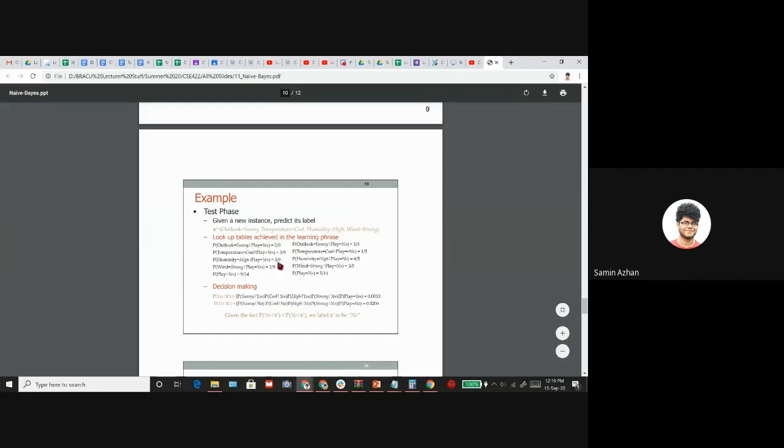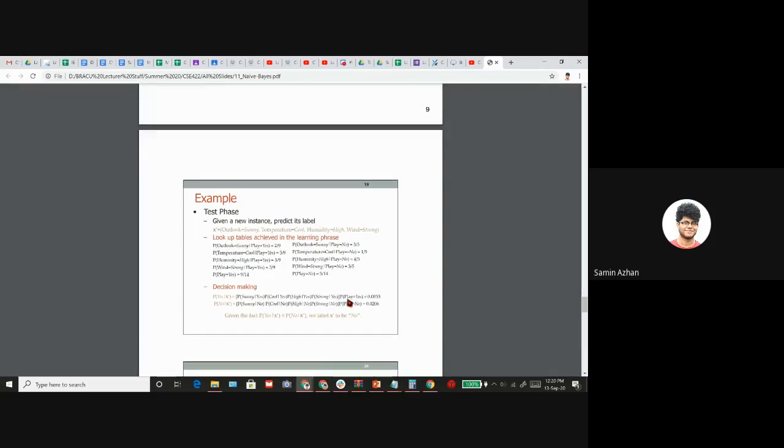So all these values, and we get something like this, 0.0053. And if we do this for no, which means we have to multiply all the values on this side, we get something like 0.0206. So since the probability of no is greater, we can assume that for this given instance, our prediction is play equals no.